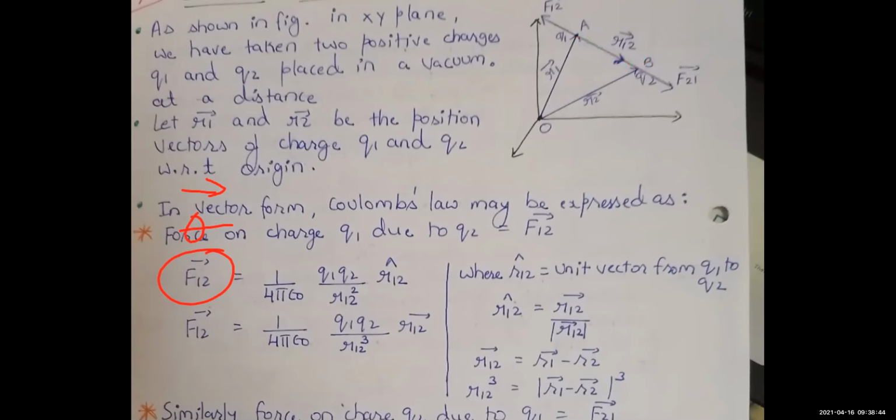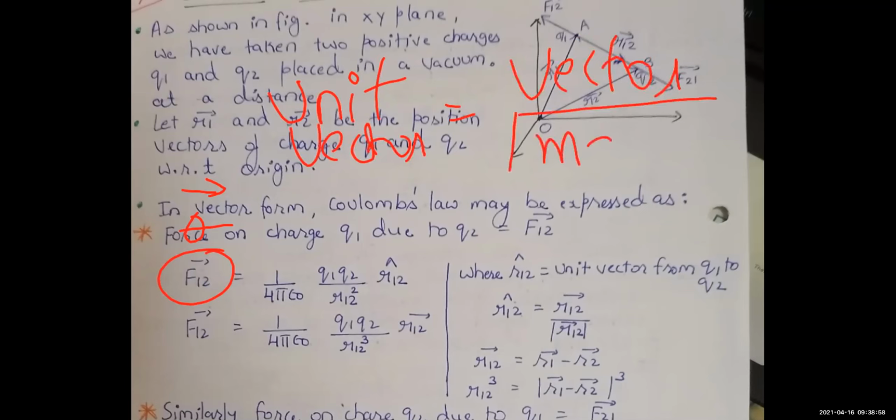In grade 11th we have done unit vector. It can be shown by vector upon its magnitude. So the unit vector r12 can be written as vector r12 upon its magnitude.